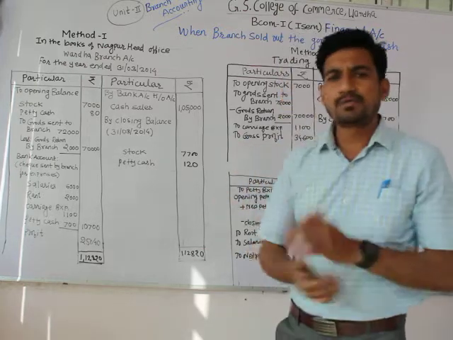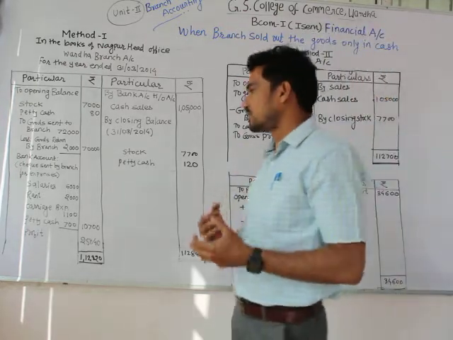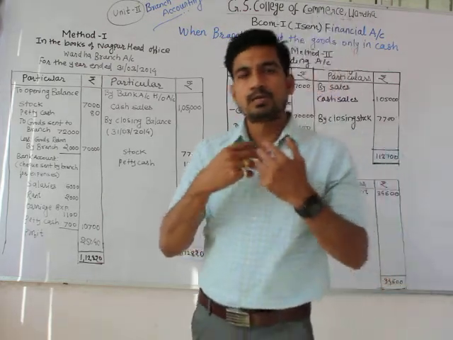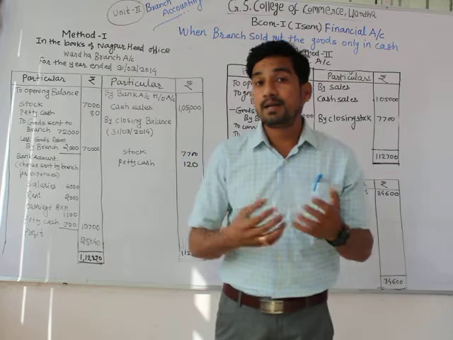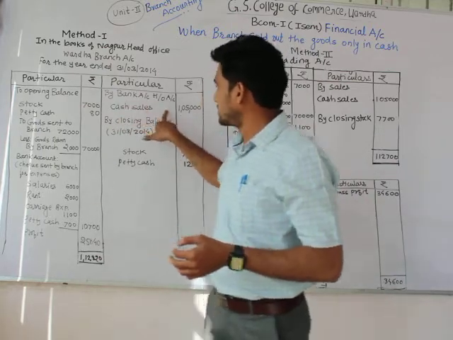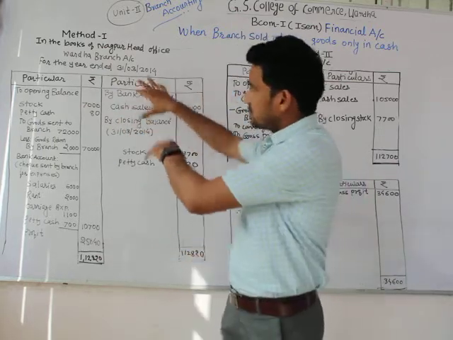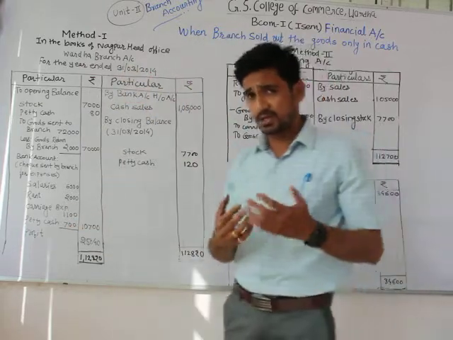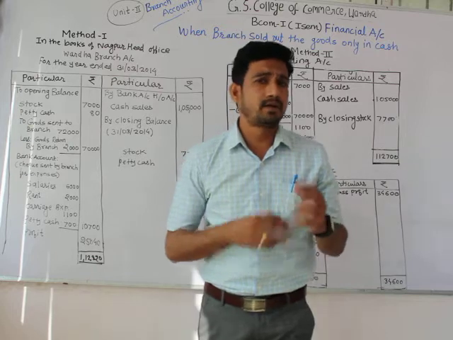Now what is the meaning of 25,040? The 25,040 is the profit of that Wardha branch, because that branch is an independent branch, because it is selling separately. This Wardha branch is not a dependent branch. As I mentioned earlier, a dependent branch doesn't have any existence.